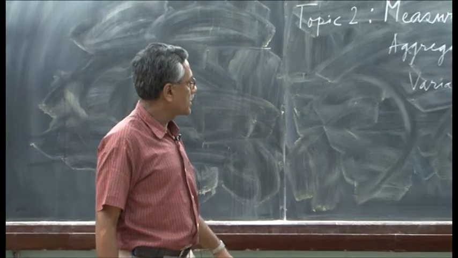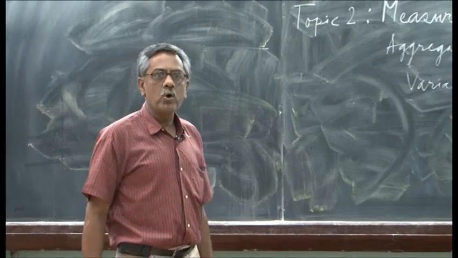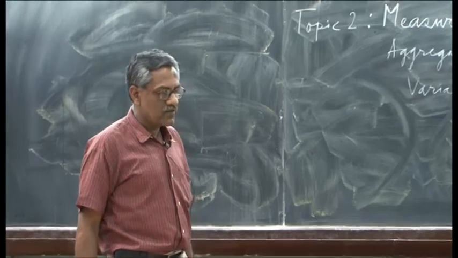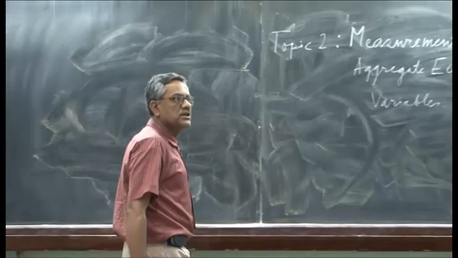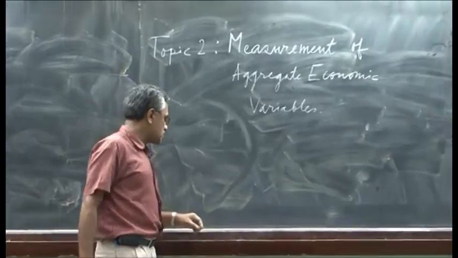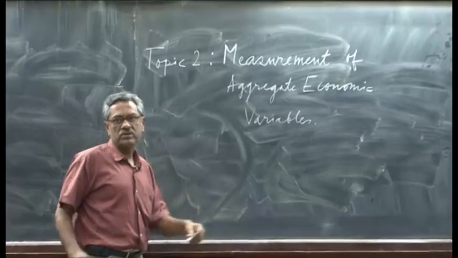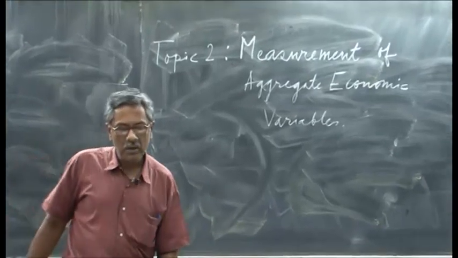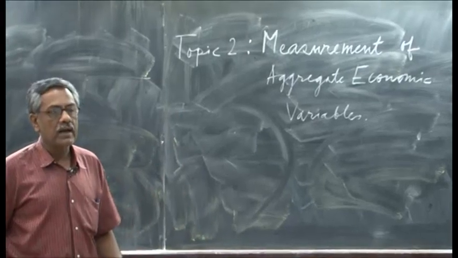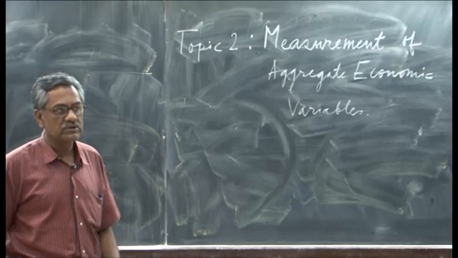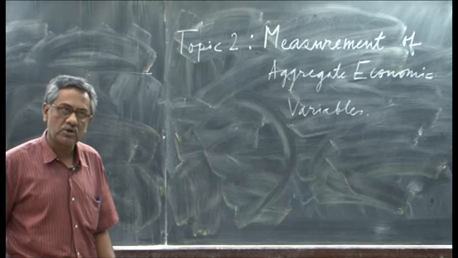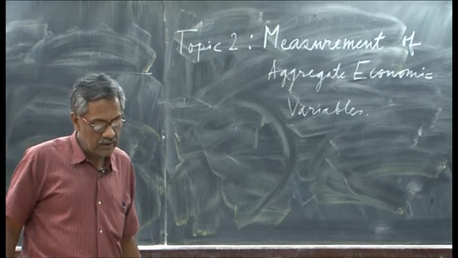Now, before I go into the measurement of aggregate economic variables, I would have a bird's eye view of the conceptual framework that we use in macroeconomics before we try to measure the variables. In fact, the measurement of variables is based on this kind of a conceptual framework.